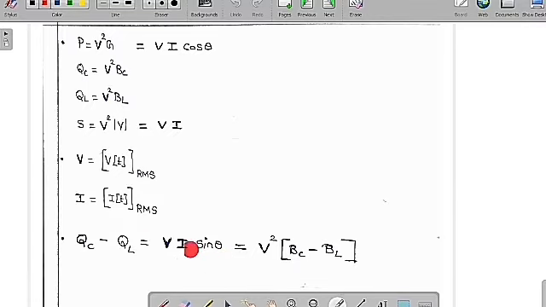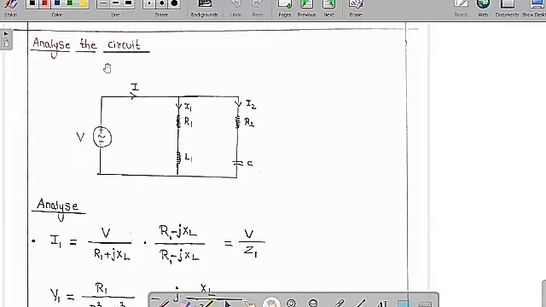So this is the overall reactive power, VI sin theta. And S is equal to V square by mod Z, or simply V square into mod Y, which is equal to V into I, where capital V is the RMS value of the supply voltage and capital I is the RMS value of the supply current.